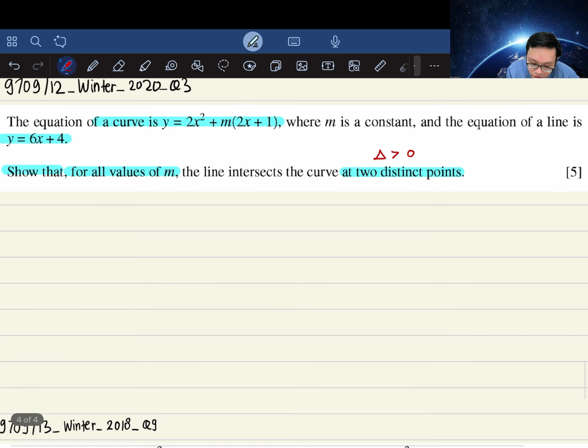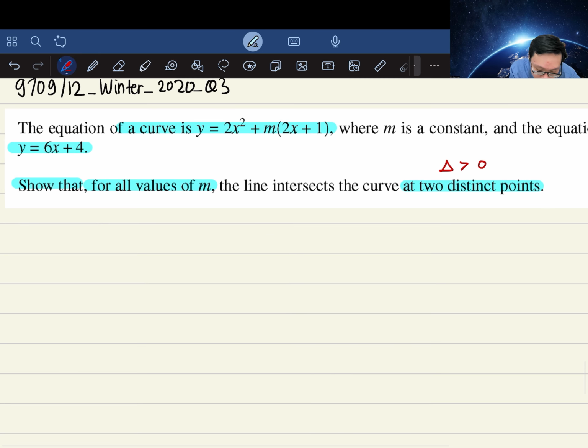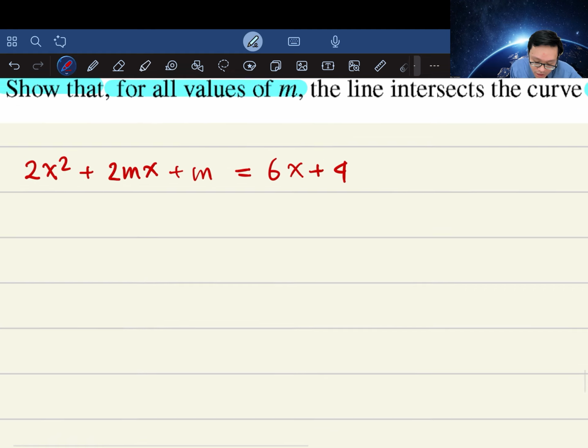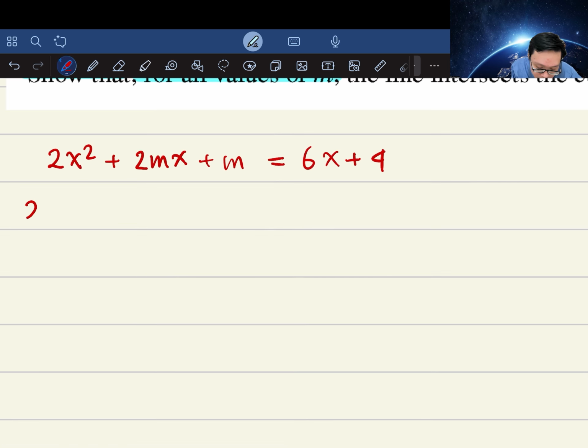Okay, so let's construct the intersection equation first. 2x squared plus 2mx plus m, I expanded, equals to 6x plus 4. Now, we can simplify first, becomes 2x squared plus 2mx minus 6x plus m minus 4 equals to 0.